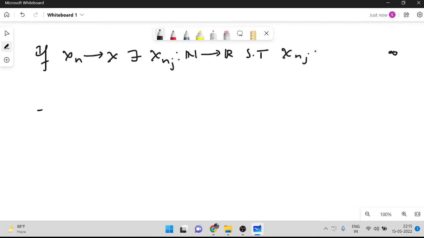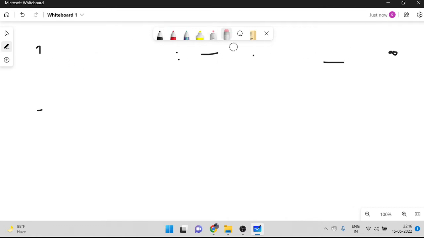So if xn is converging to x, there exists a subsequence xnj, mapping from some natural numbers to R obviously, such that it is convergent. Pretty obvious, right?